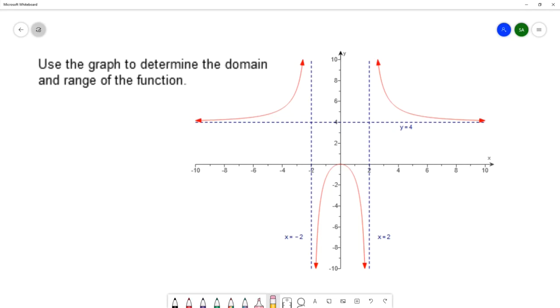That will help us find the domain, but we need to look at these arrows on the ends as well. These arrows are also indicating that the pattern continues, and this arrow is going down and to the left. And what we see here is another dashed line. This dashed line is going to indicate that 4 will not be crossed by this line.